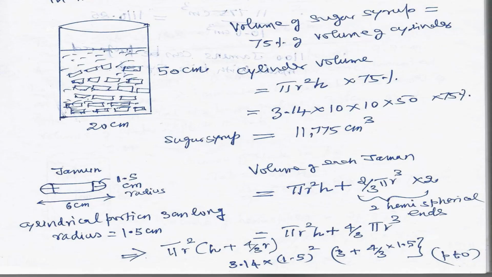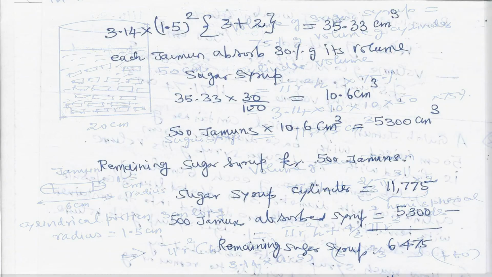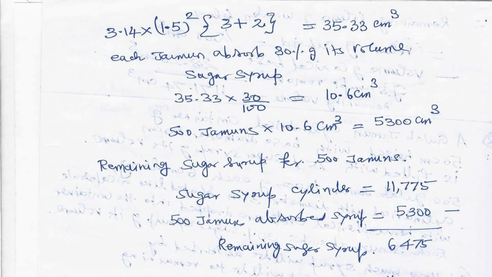Therefore, pi r squared h plus 4 by 3 pi r cubed gives us pi r squared into h plus 4 by 3 r. On simplification, you get that 35.33 centimeter cube. That is the volume of each jamun.